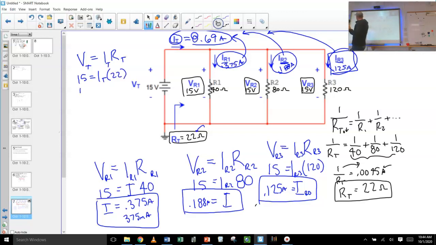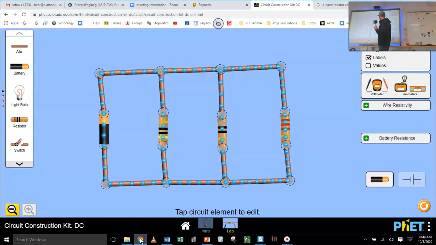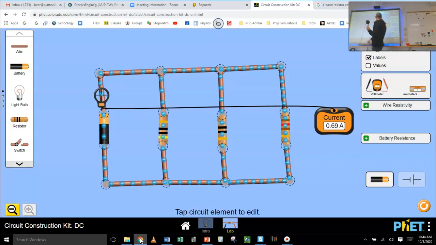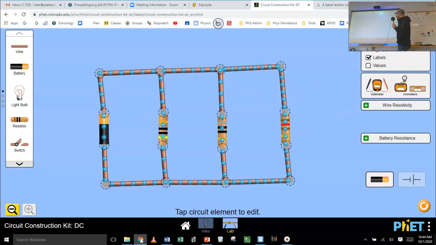And if you take 15 divided by 22, you get 0.69. So there's another way to get that. And let's roll over to our simulation to just double check to see if that's true. Pow! 0.69. Nailed it.